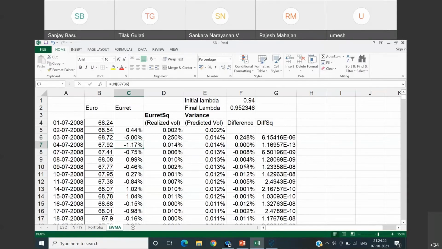So you can see there is a very big jump. Right?